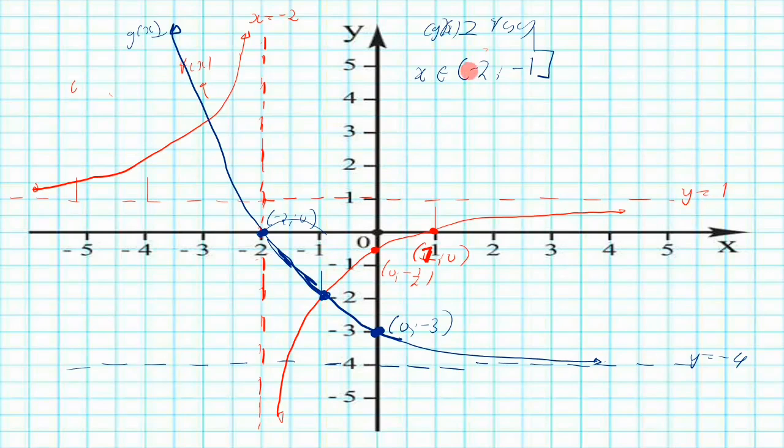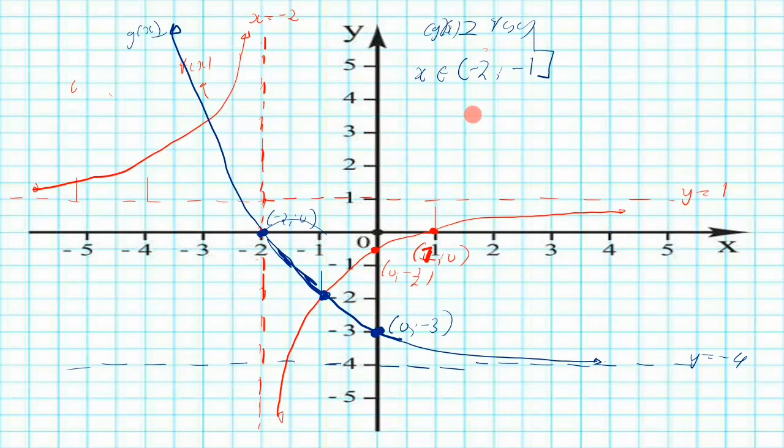According to our inequality, we are looking for where g of x is either greater or equal to f of x. So -2 cannot be included, because there is no value for the graph of f where x is -2, because remember, that is the asymptote. So we'll say x is an element of (-2; -1].